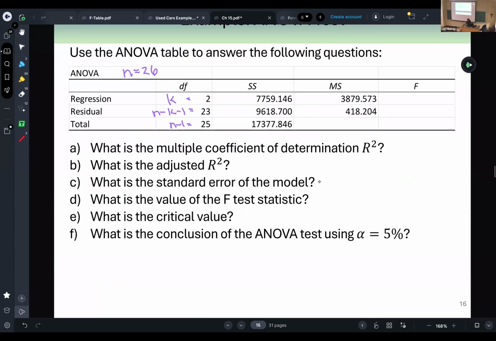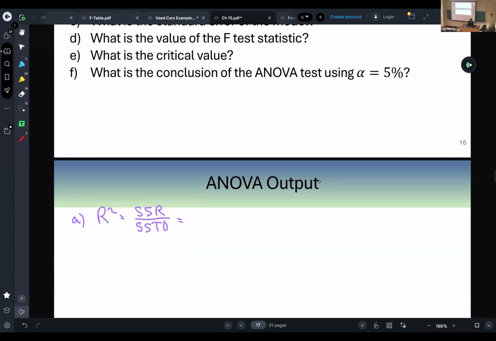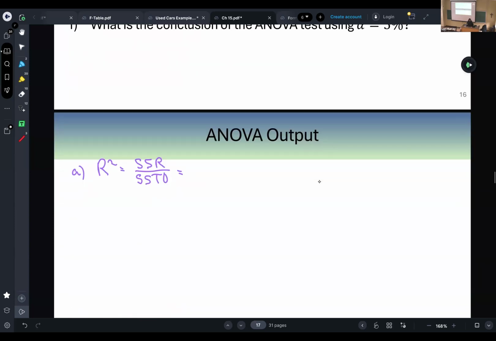And we have that. SSR is going to be 9618. No, 7759, right? 9618 would be the SSE. So 7759 is the numerator.